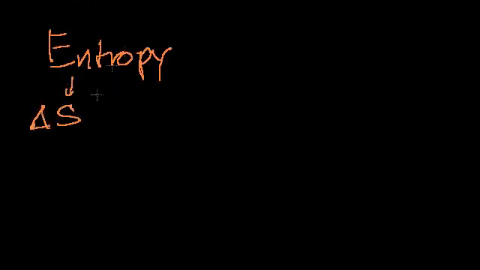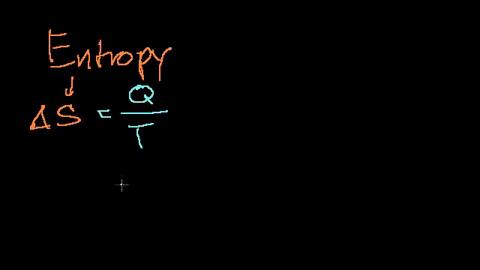Entropy. In thermodynamics, a change in entropy, where entropy is S, or I think of it as S for states, in the Carnot cycle or Carnot engine world is defined as the heat added to the system divided by the temperature at which it was added.